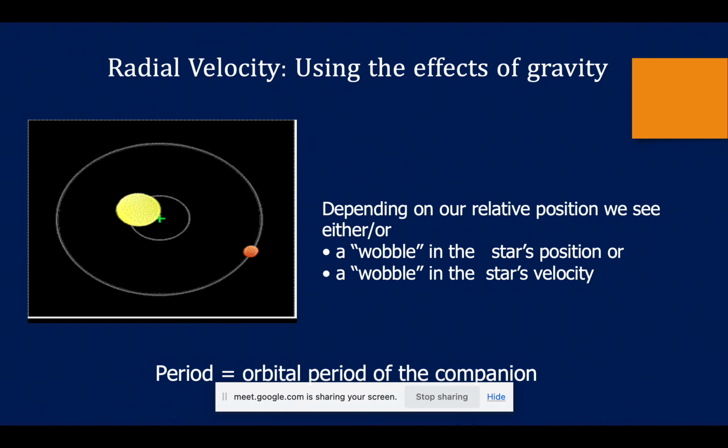The radial velocity is the velocity of the star in our line of sight. So if you get a spectrum from the star, you're going to get a slight shift because of the movement. It's going to get red shifted as well as blue shifted, and with that you can measure the radial velocity. So that's the radial velocity method.